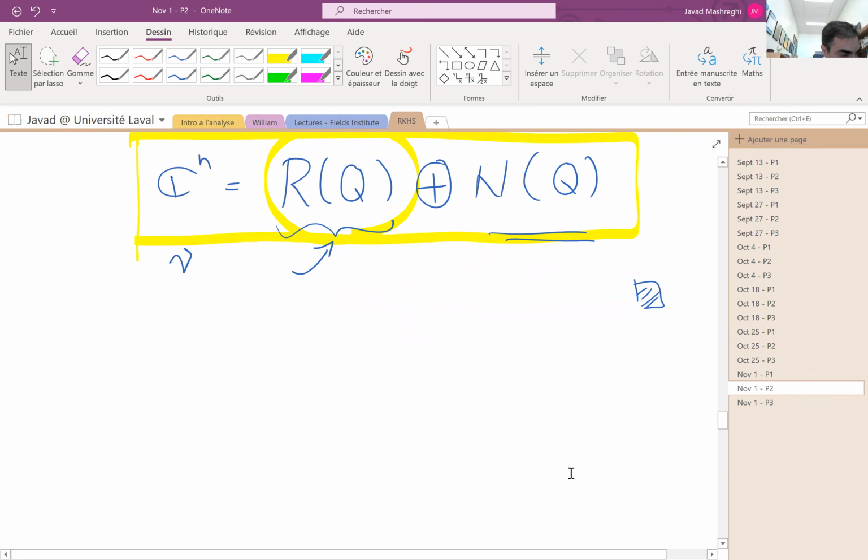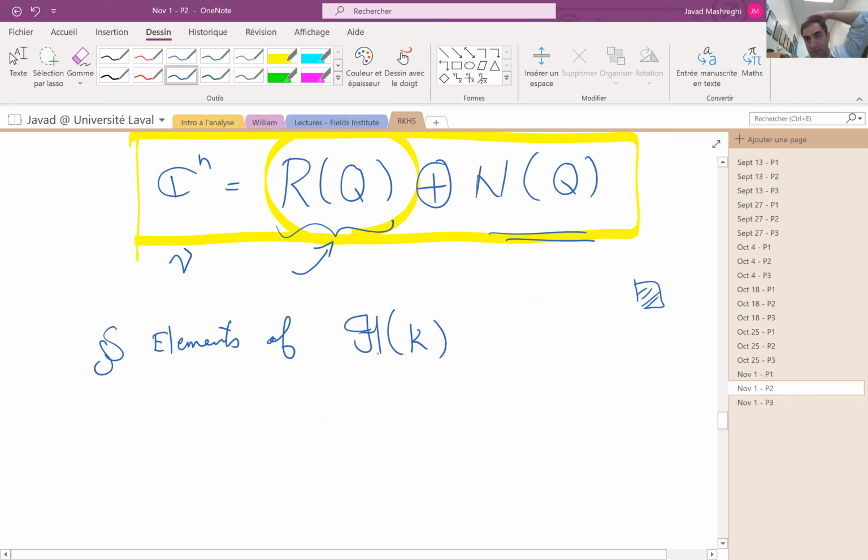Well, the last section is probably the most important section of this chapter: the elements of H of K. Why is this important?